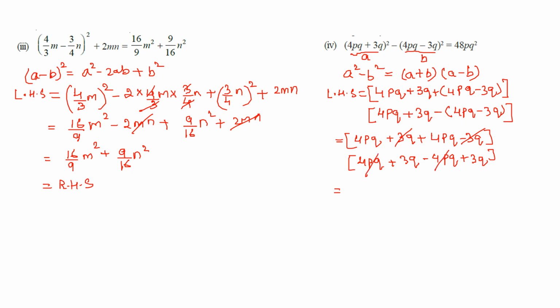So I am left with 4pq plus 4pq. It will give me 8pq into 3q plus 3q will give me 6q. So 8 6s are 48 pq square. So again I can say this is equal to my RHS. Okay, so this was the fourth question.